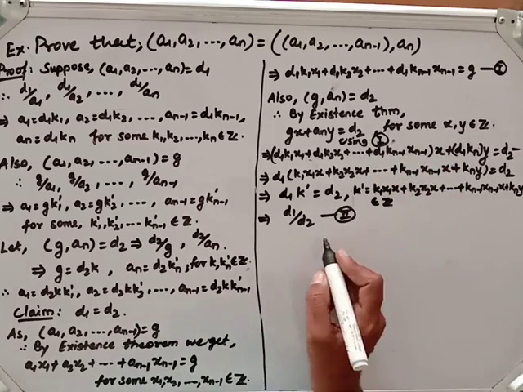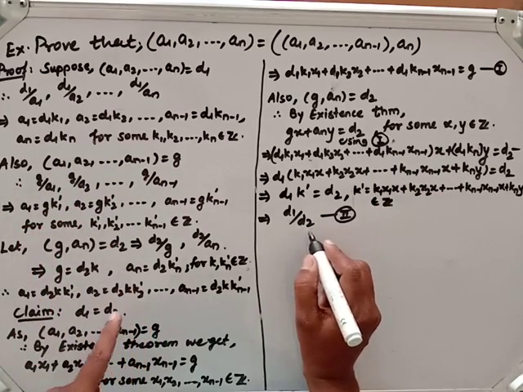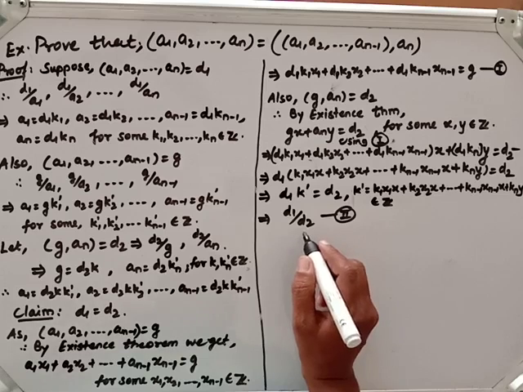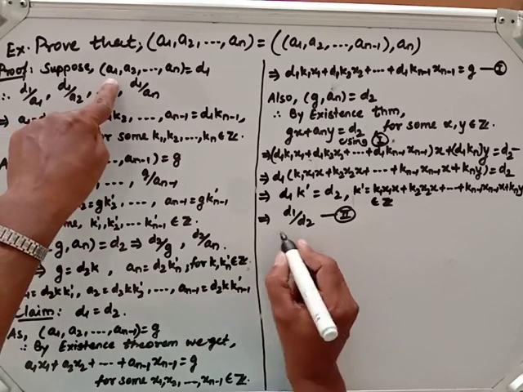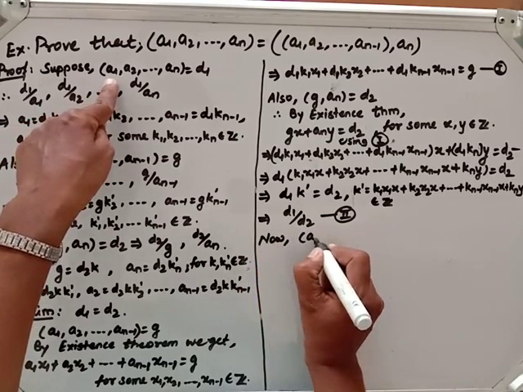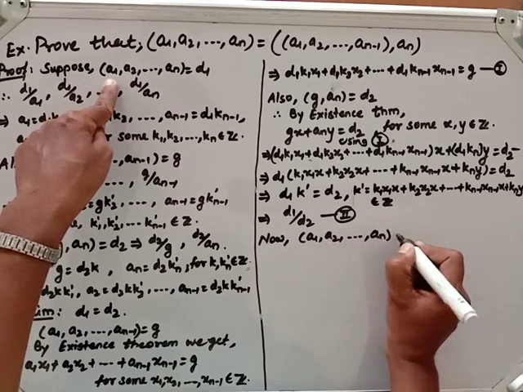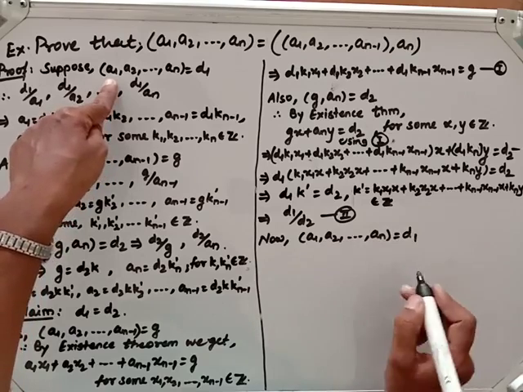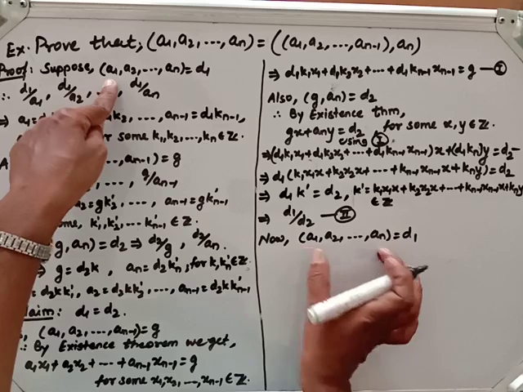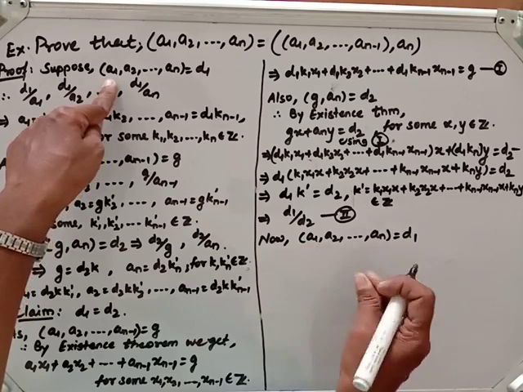Now d1 divides d2 we have shown. Now we have to show d2 divides d1. For that, use this one. The GCD of a1, a2, so on up to an is equal to d1. Now by the existence theorem we can write d1 as a linear combination of these with some integers.